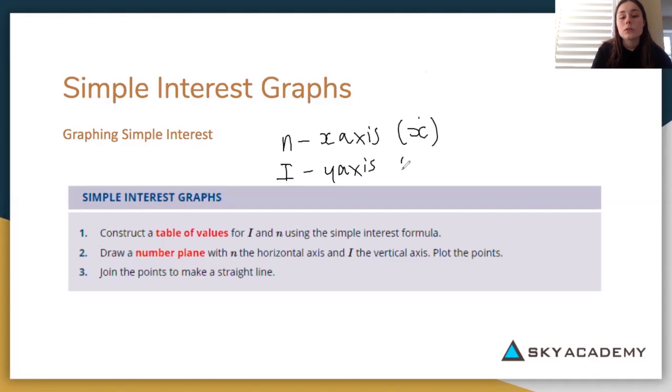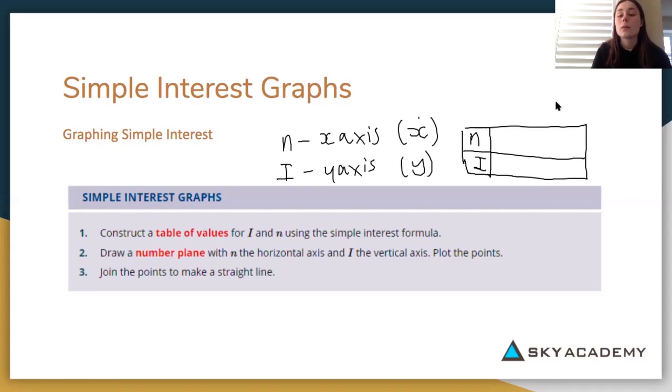When you're drawing your table of values, instead of putting X and Y in these two boxes at the front, you're going to substitute for N and I. N will go on top and you'll write the number of years in there. So say it was over 3 years, you'd have 0, 1, 2, and 3 years. So that's step 1. Step 2 is to draw a number plane.